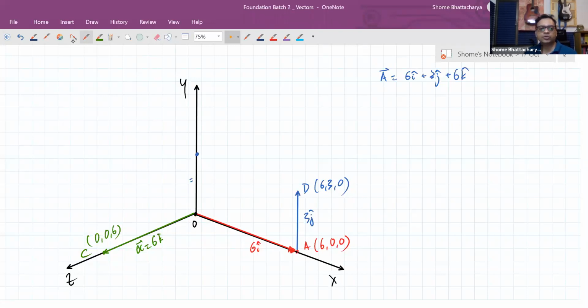Now I have to add one more vector to that. So I'll have to pick up this vector 6 k cap and put it here. Just a moment, guys. I'll share the program again.